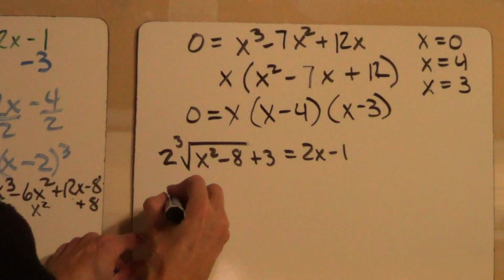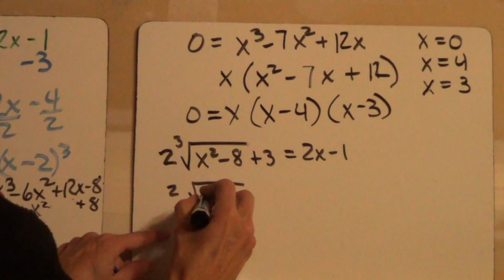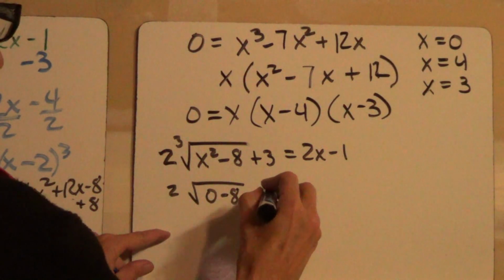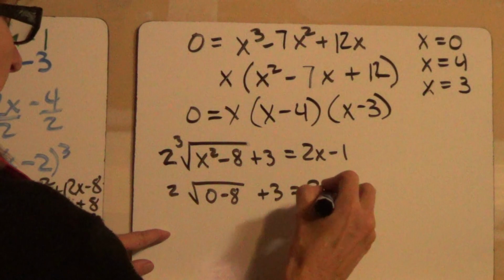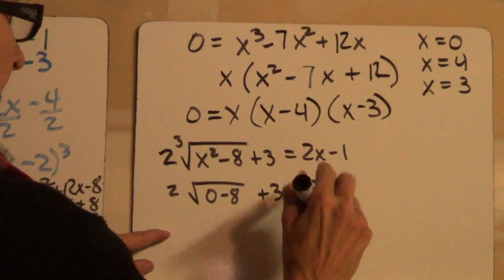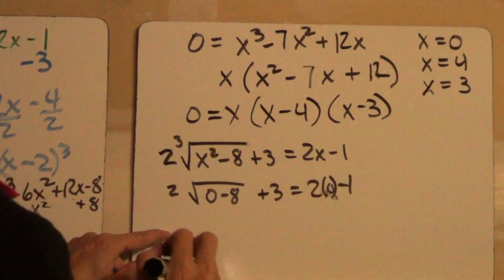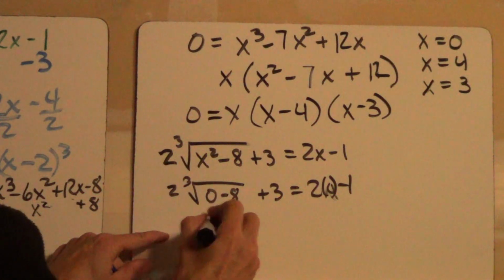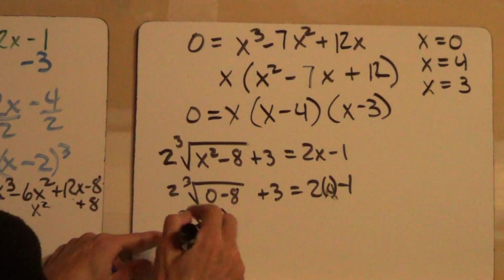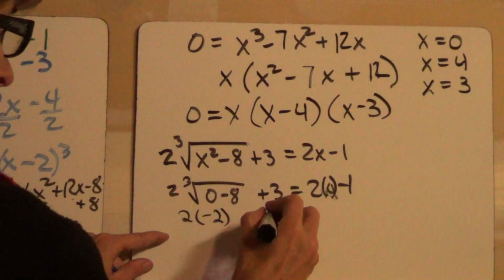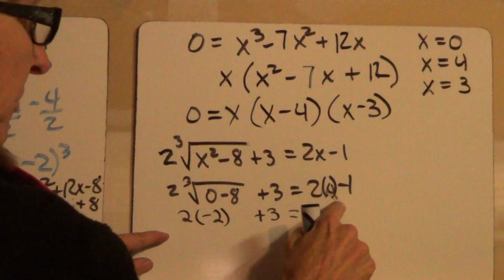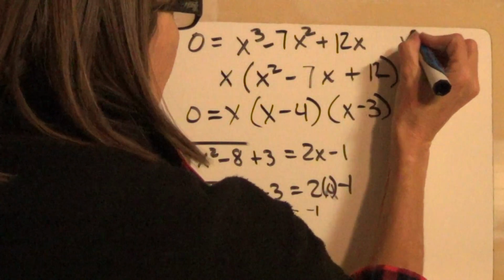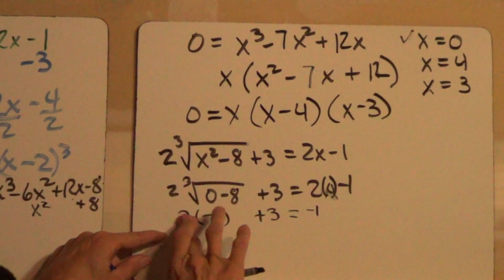So I just start plugging things in. 0 squared minus 8 plus 3 equals 2x minus 1. That x is 0. Okay, and this is a cube root. So the cube root of negative 8 is negative 2. Negative 2 times 2 would be negative 4. Plus 3 would be negative 1. 2 times 0 is 0, minus 1 is negative 1. So 0 checks. Leave that in your work so that I can see it.